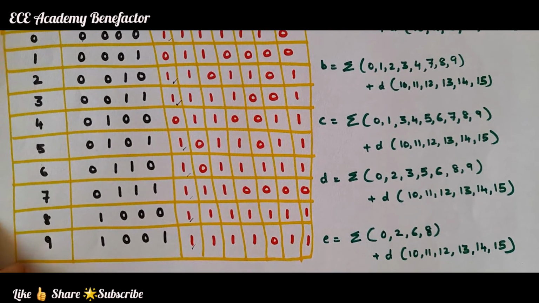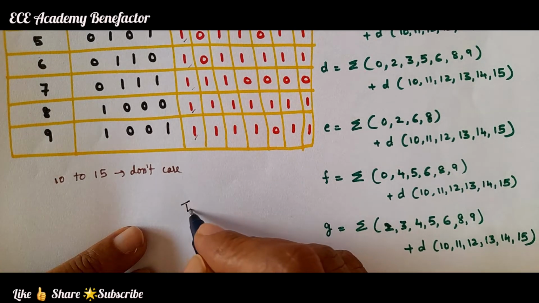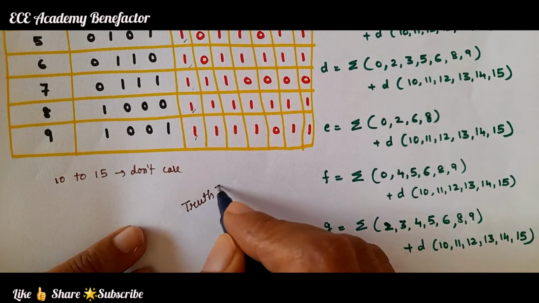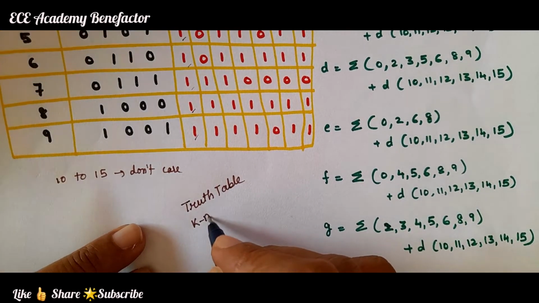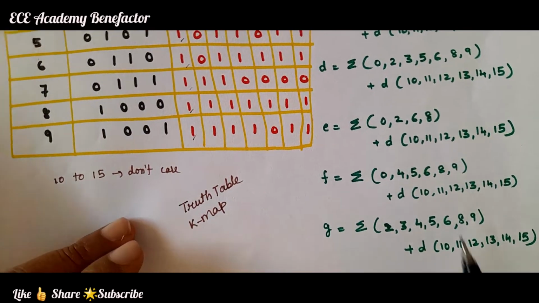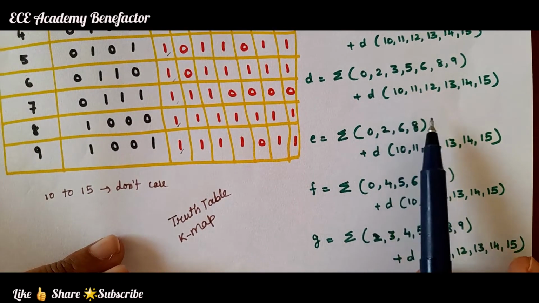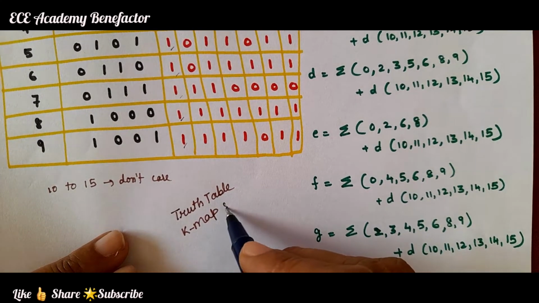So, when you are designing a combinational circuit, the 3 steps are: first you need to write the truth table, second step is to simplify the K-map. For simplifying the K-map, if you are having this list of min terms and don't care terms, you can easily fill the K-maps and simplify.